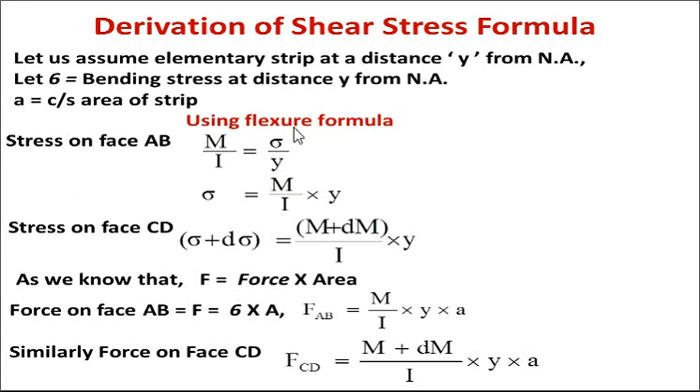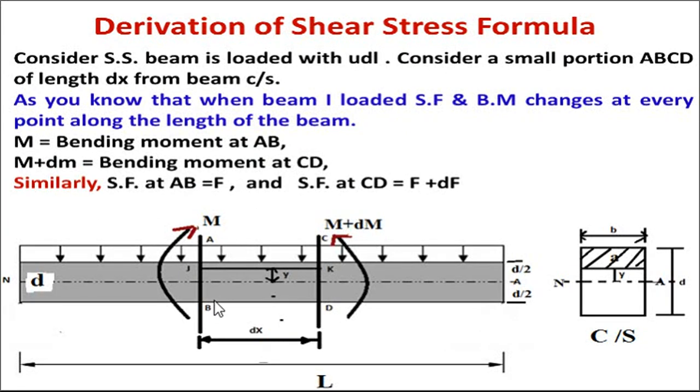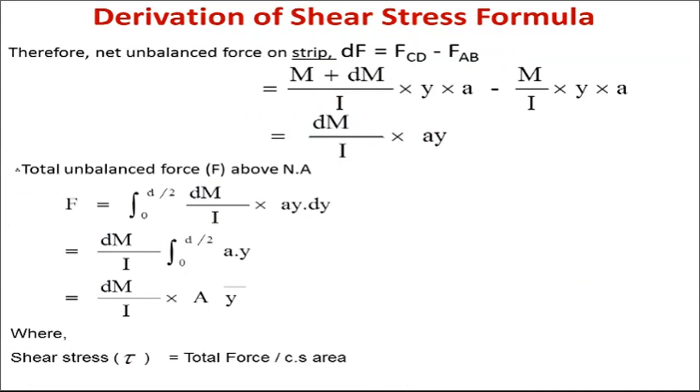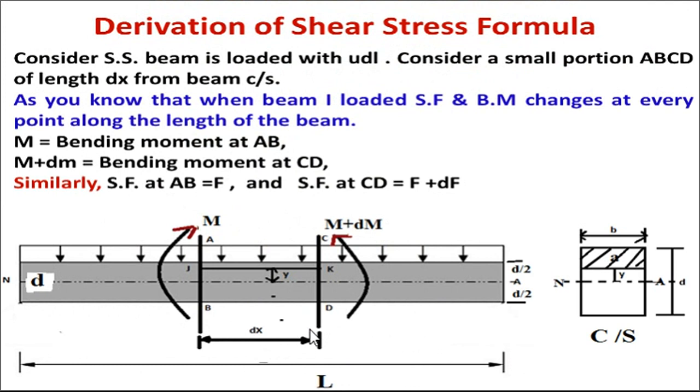Now, using the flexural formula, M upon I equal to sigma by y, the stress on face AB: to calculate stress we write M upon I into y. So this will be the stress on face AB. On this particular face, what will be the stress? Sigma equals M upon I into y. And similarly, on the face CD, it will be increased by an amount over the length dx.